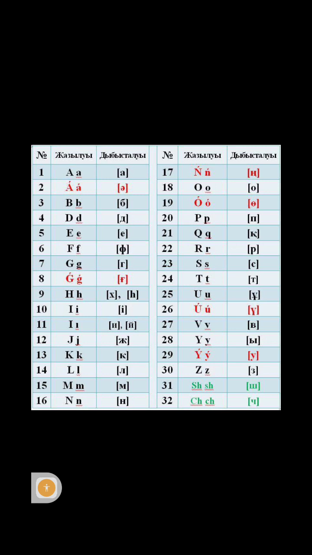So let's get started with the Kazakh alphabet. The first letter, A. The second, Ә.